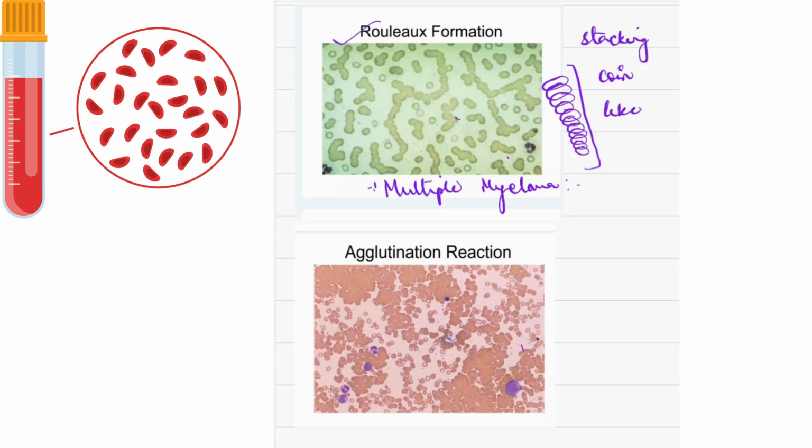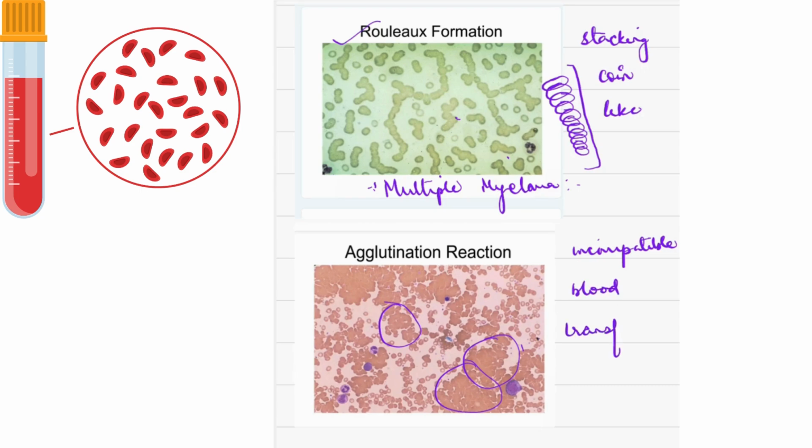Now there is another pattern of RBCs in which they stick together, but these are like clumps. These clumps, you can see, are indefinite, shapeless clumps. It's haphazard. So this is an agglutination reaction. As you can see in the picture itself, rouleau formation is very specific, like coins neatly stacked. But in an agglutination reaction, there is an irregular clump of RBCs put together. This agglutination reaction is caused by incompatible blood transfusion.